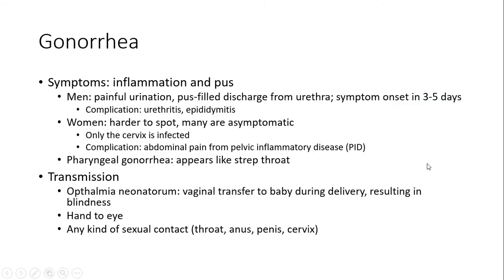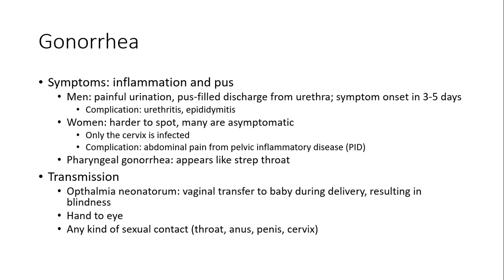But there it is. All right, so transmission of gonorrhea, there's any kind of sexual contact. So this can be affecting the throat, the anus, the penis, the cervix, you name it, people have found a way to have sex with it. So there's that chance of infection there. You can also have hand to eye transmission.